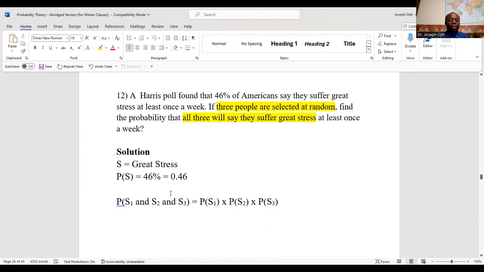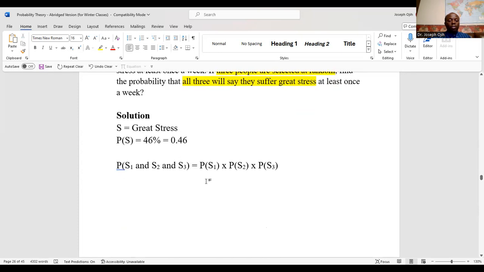Since we are told that 46%, that means 0.46. So it's going to be 0.46 times 0.46 for the second person, times 0.46 for the third person, and that will give us the answer we are looking for. 0.46 times 0.46 times 0.46. So let's put it in.